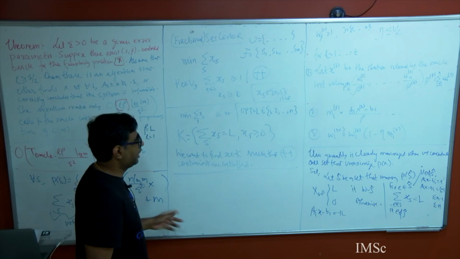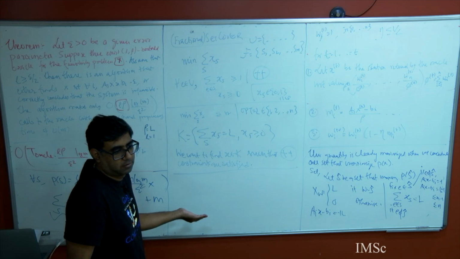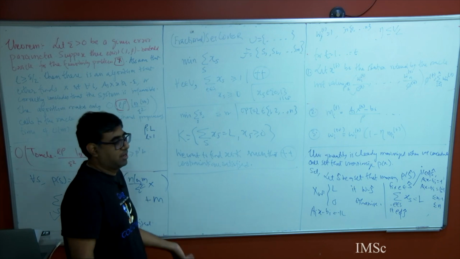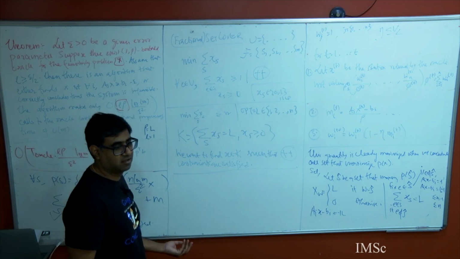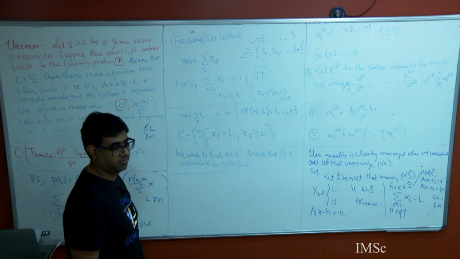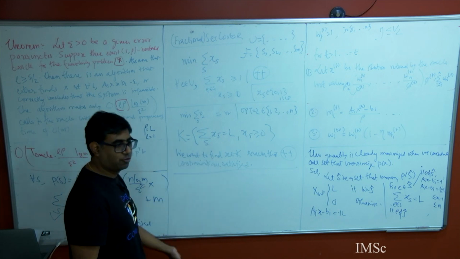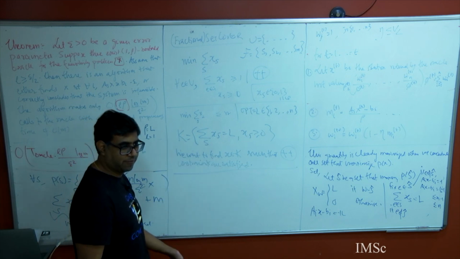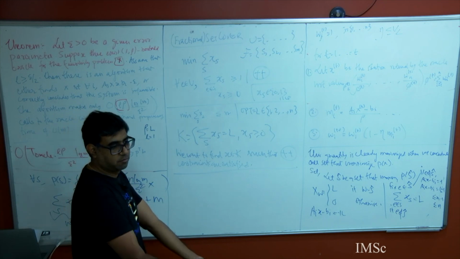This is fine, but how much time does the oracle take for implementation? Linear time, at most n plus m time. What does it need to do? It looks at the probability vector, goes through every set, and looks at which set has the highest probability, the sum of this.